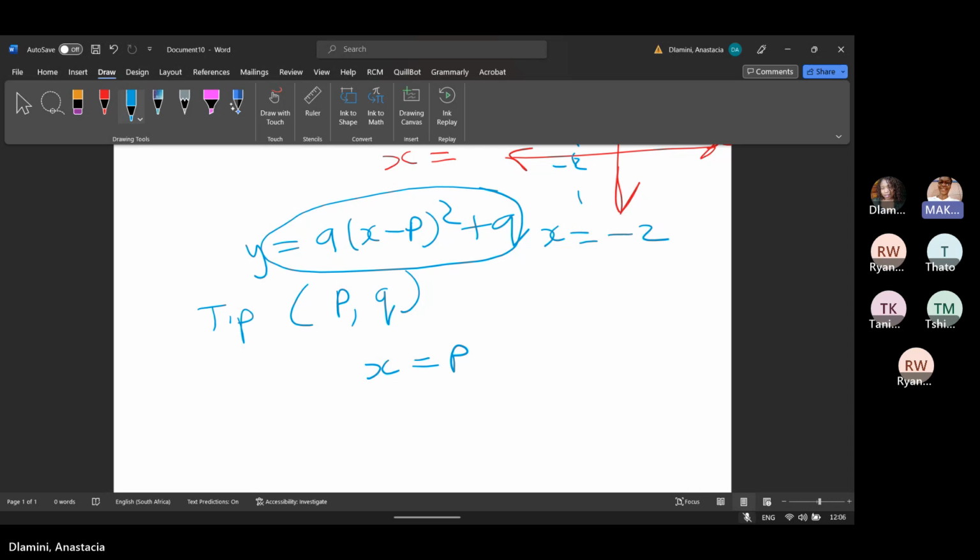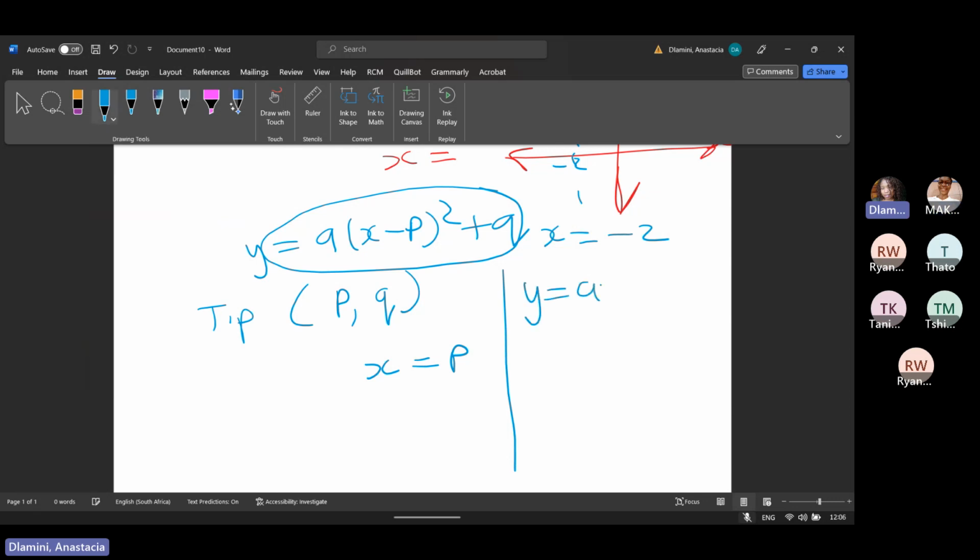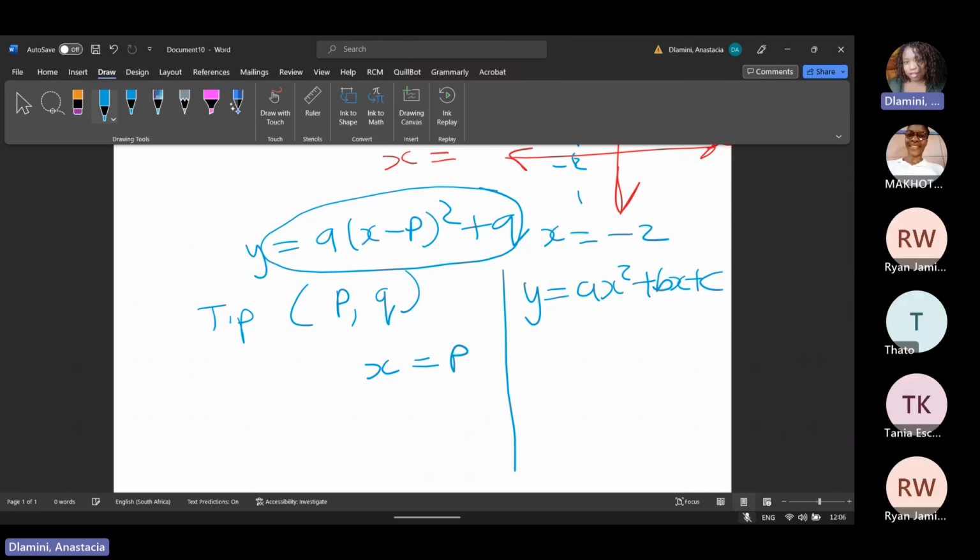Yes, ma'am. Now, I did ask you to find the turning point when I have y equals ax squared plus bx plus c. And someone said, ma'am, the x value of that point is x equals minus b over 2a.